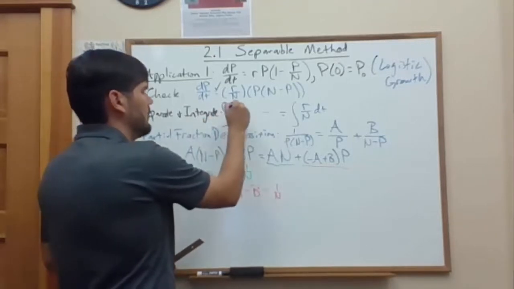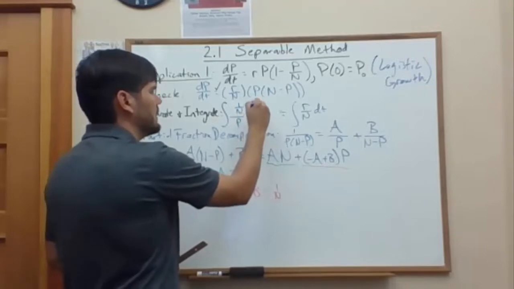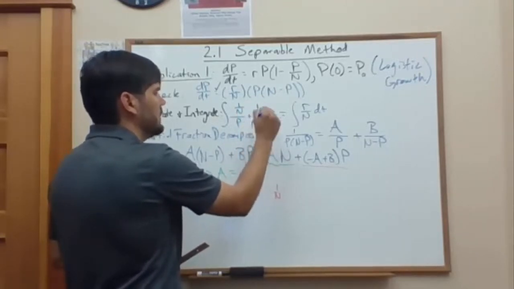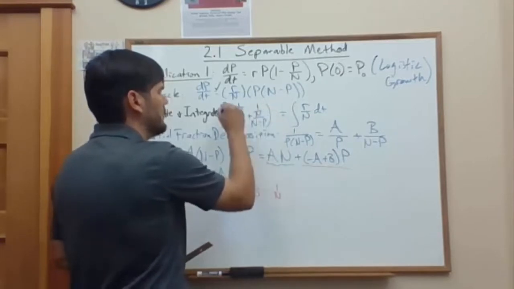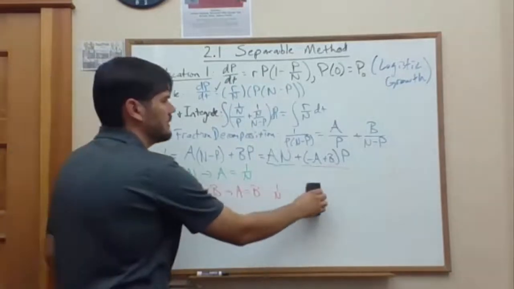I have a 1 over N over P plus a 1 over N over N minus P, all multiplied by dP.